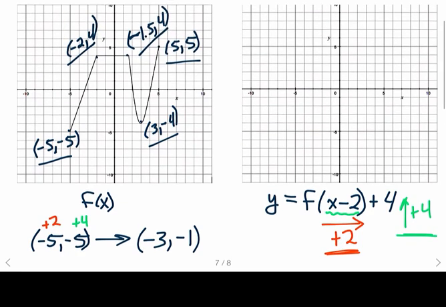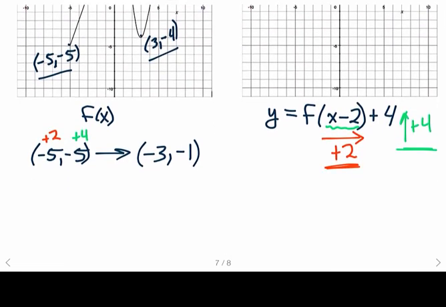Our next point of interest was (-2, 4). Again, because of the transformation, it's going to have 2 added to the x-coordinate and 4 added to the y-coordinate. That's going to land us at (0, 8).